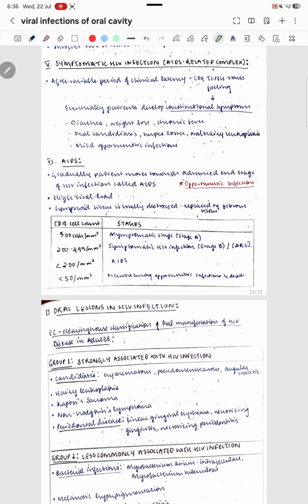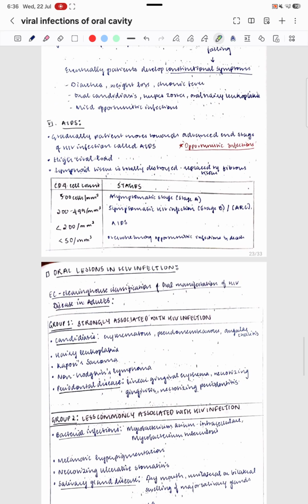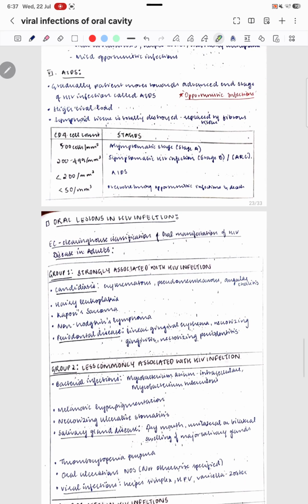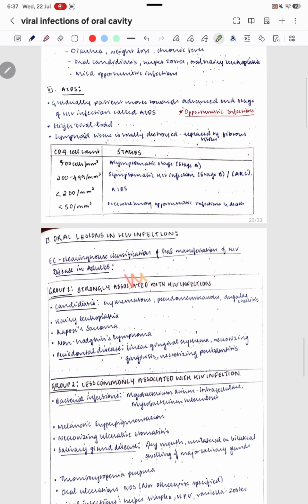What happens in this advanced stage is that there is a gradual movement of the virus towards suppressing the immunity, and you have opportunistic infections in this period, and there is a high viral load in the blood, and the lymphoid tissue is totally destroyed. So malignancies could come into play, and opportunistic infections could increase in number. There are a lot of things that could occur because of this.